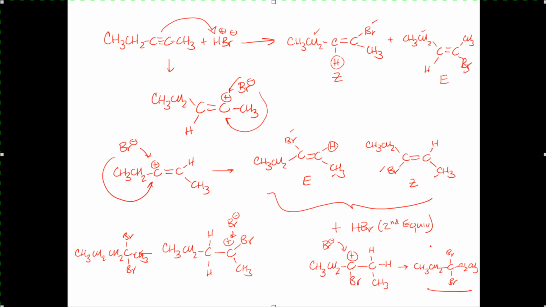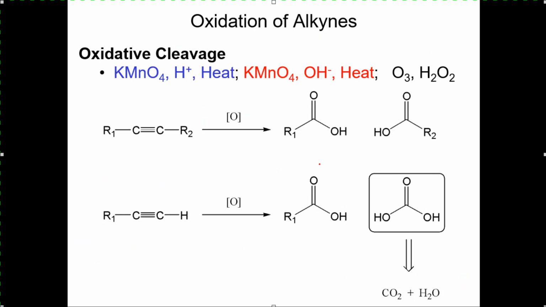So this would be the second product formed from the second set of E/Z products. So if we added two equivalents, we would end up with two geminal dibromides, but they would ultimately have the hydrogen added to the carbon on the right or the carbon on the left. So that's just one example of adding two equivalents.